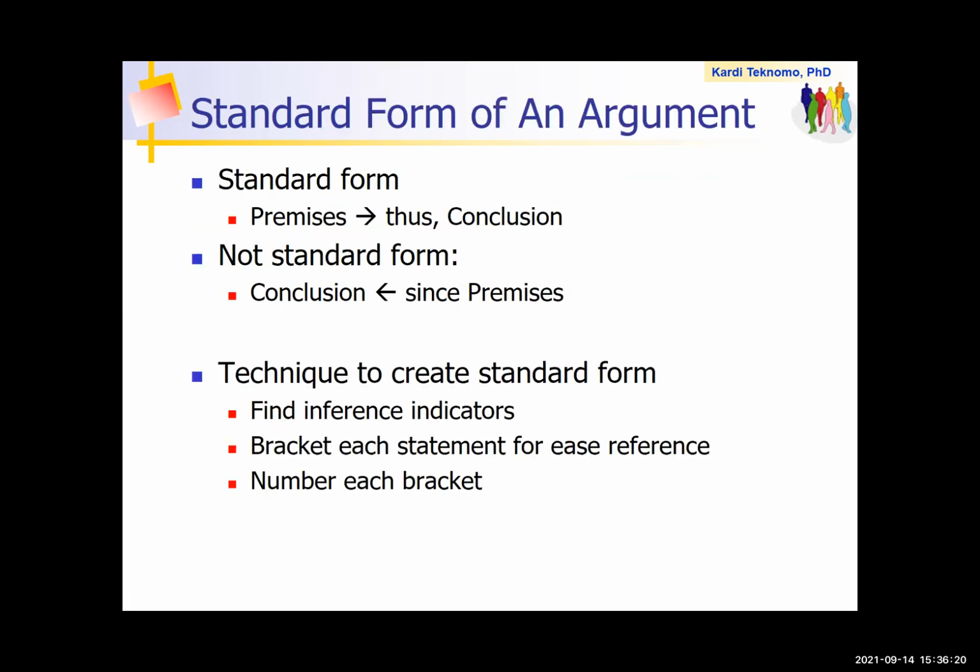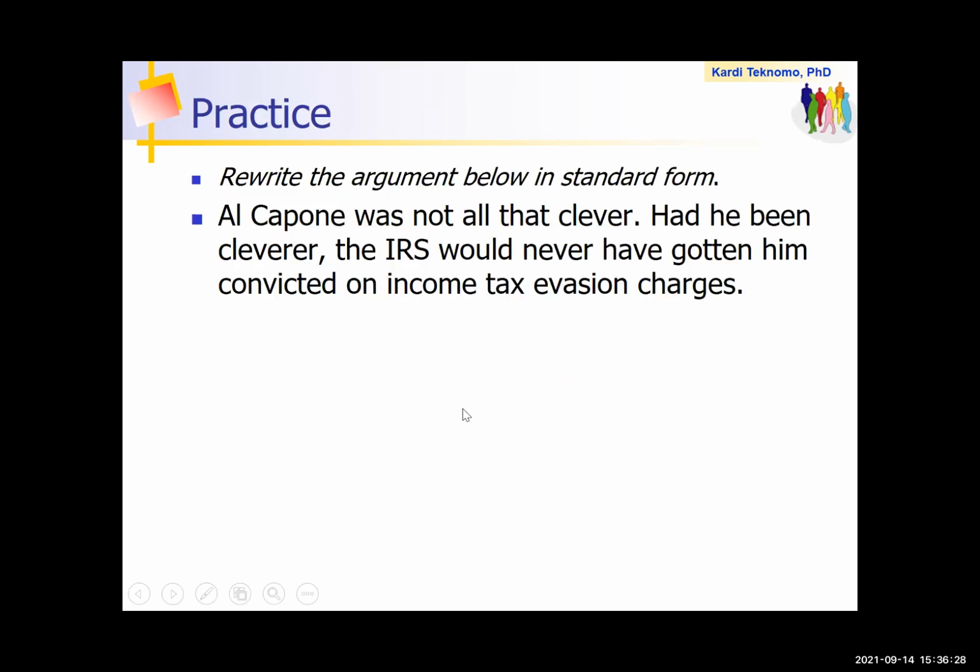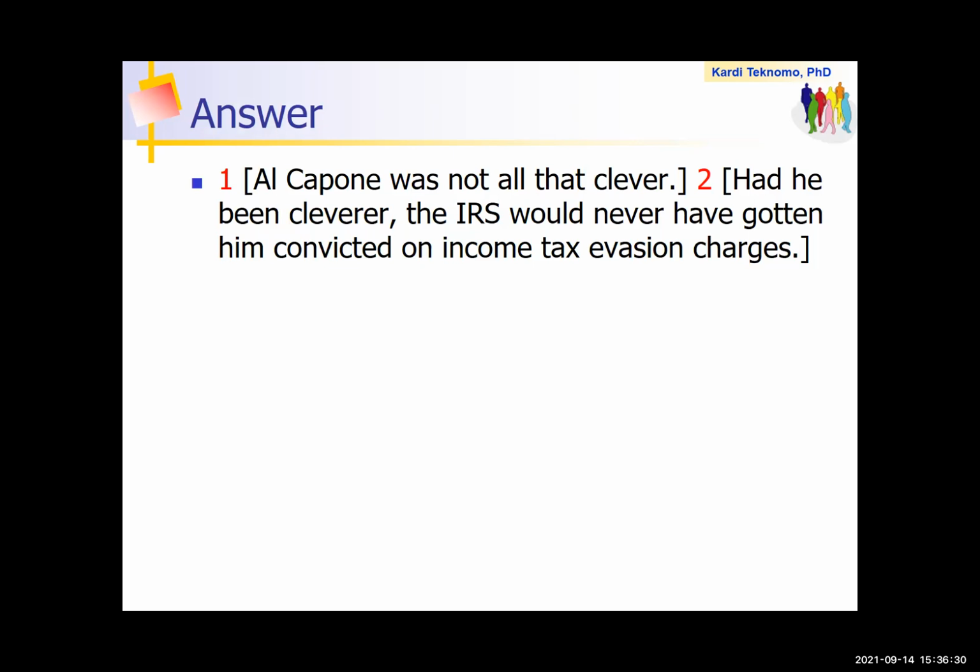Again, remember, you find the inference indicator and then you put brackets and then you put numbers there. So here it is. You put a bracket there: Al Capone was not all that clever. And then the second bracket: had he been clever, the IRS would never have gotten him convicted on an income tax evasion charge. And then you put numbers.